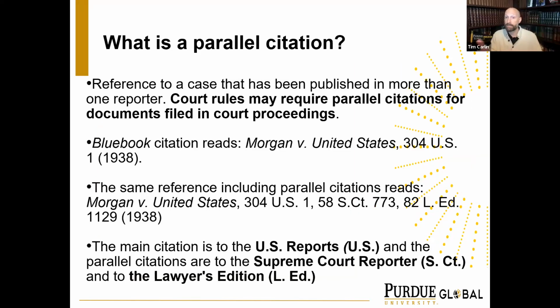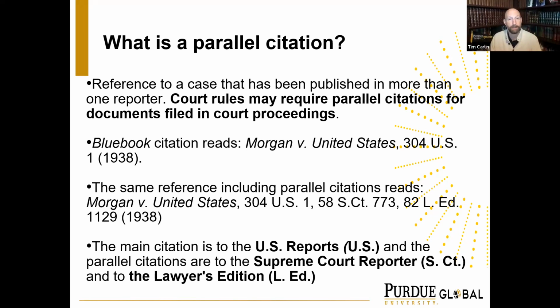All right. Parallel citations. This sort of goes along with the question you asked, Vicky. When you have a decision that's published in multiple reporters, certain courts may require that you cite parallel citations. So the second bullet point here, Blue Book citation, Morgan v. United States, 304 U.S. 1, 1938. That tells the reader, hey, this is the Morgan case, 304th volume, pull that off, open to page 1, boom, it was published in '38. A parallel citation means you can find the same case published in another source.